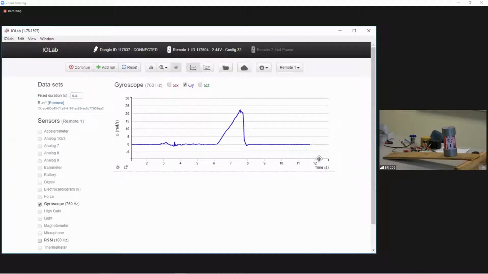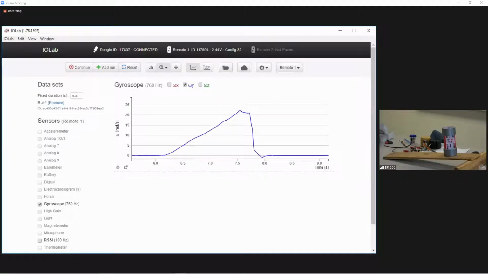And like all our labs, you got to really think about what this is depicting. What is this kind of showing you? Let me zoom into the meat of our data here. What is this physically showing you is going on? What is that graph showing you? Anybody? We have here omega in radians per second as a function of time.